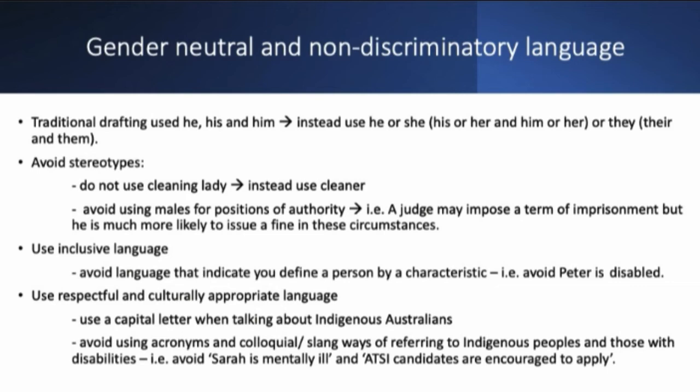So, for example, when you're talking about Indigenous Australians, you should always use a capital I, which is a mark of respect. And you should also avoid using acronyms or slang that define groups or cultures or particular characteristics, because this can be taken by the reader to be both unprofessional and disrespectful.